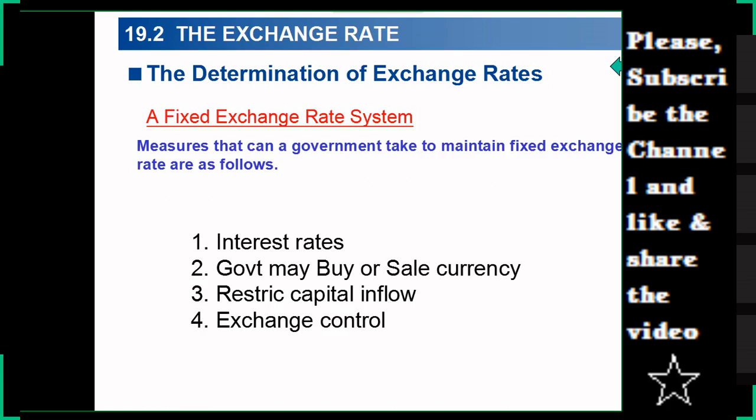Now most likely in some cases people would like to buy dollars just to buy foreign goods and services. Okay, that means they want to consume more. Now government in that case would like to know from those people who would like to buy dollars or foreign currencies about their income detail.